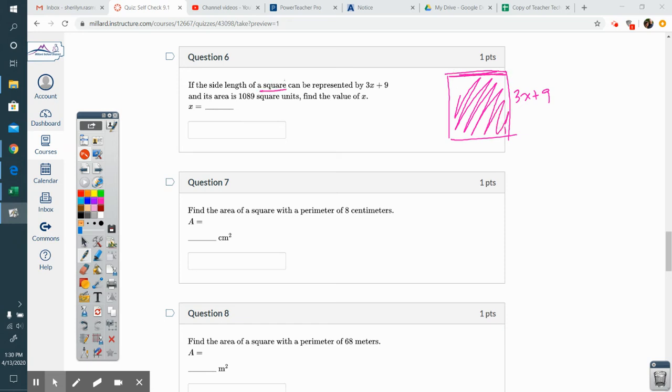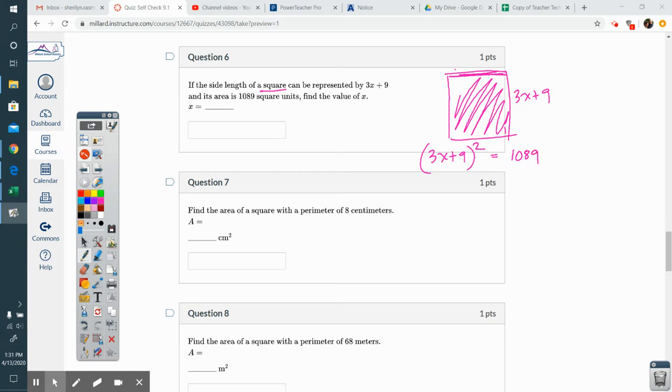And since it says it's a square, all of the sides are exactly the same. So this is 3x plus 9 squared, because you multiply it by itself. So 3x plus 9 squared equals 1,089.